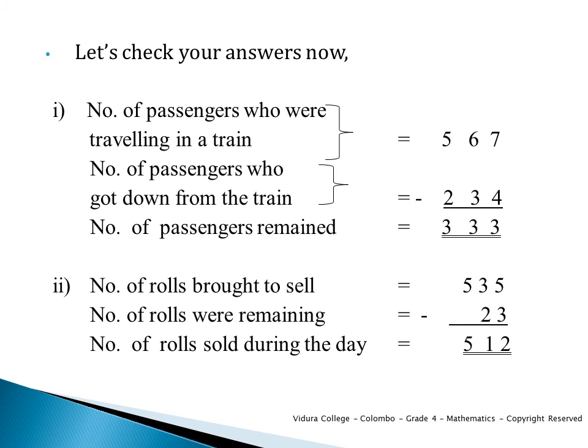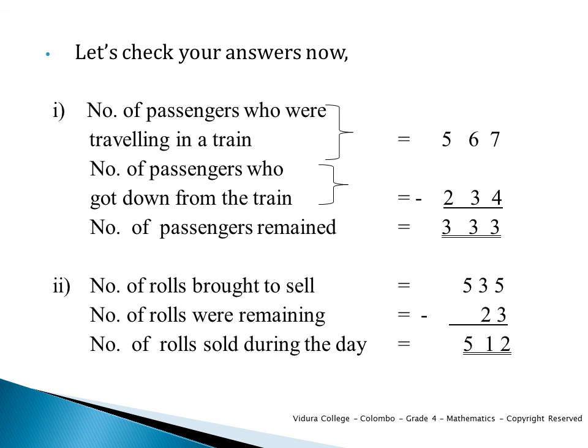Third statement should be number of passengers remained. Now children, you want to deduct 234 from 567. Answer should be 333.